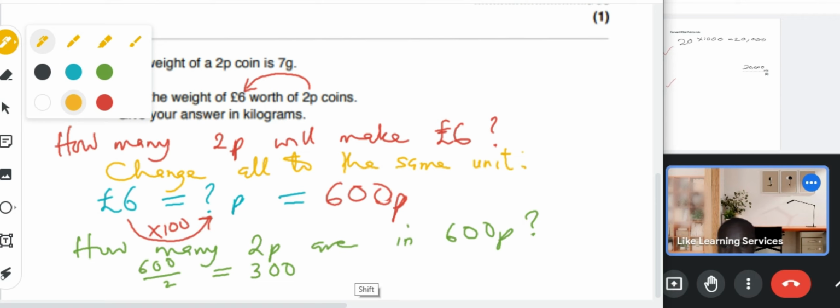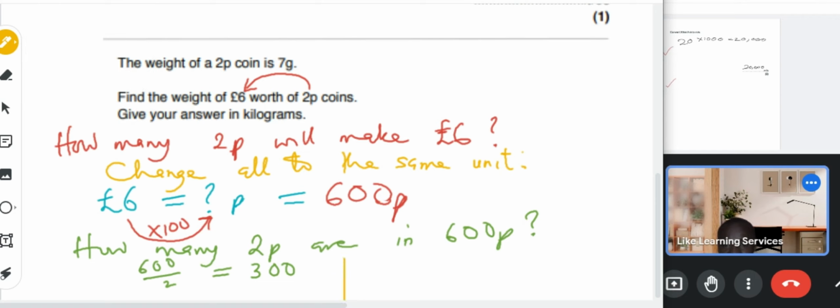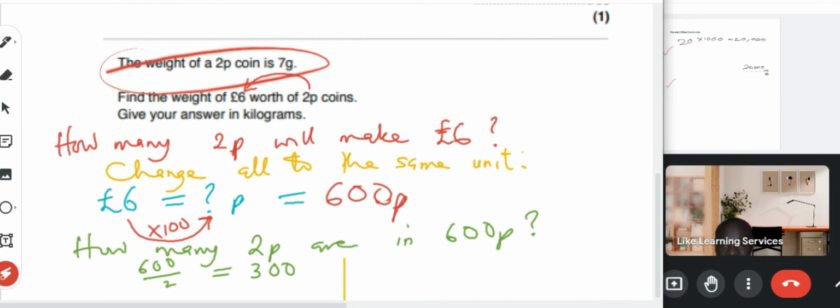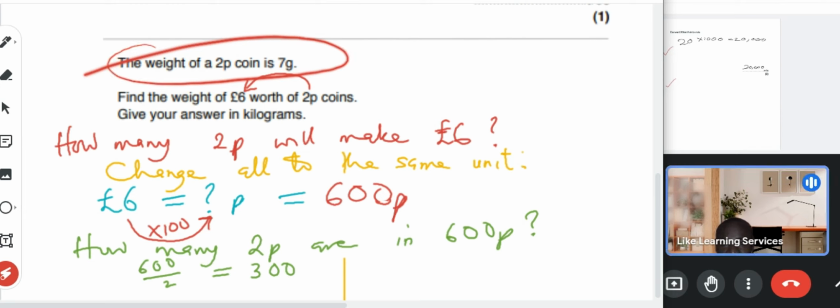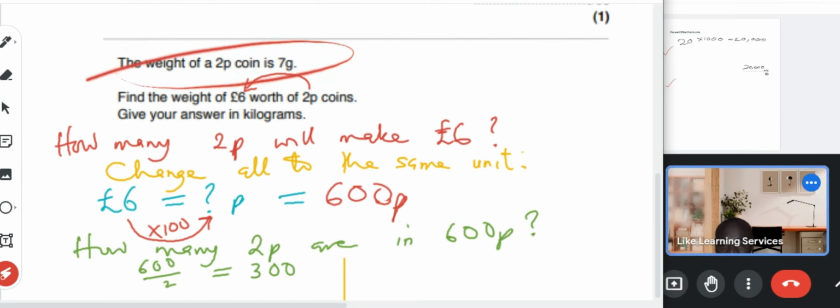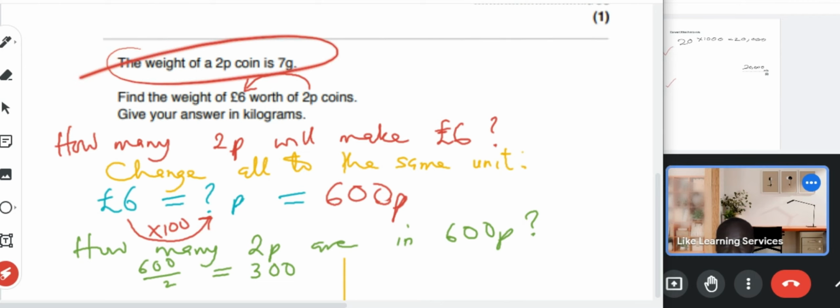If there are 300 of them, we are told that one weighs how much? See what I'm circling? 300.